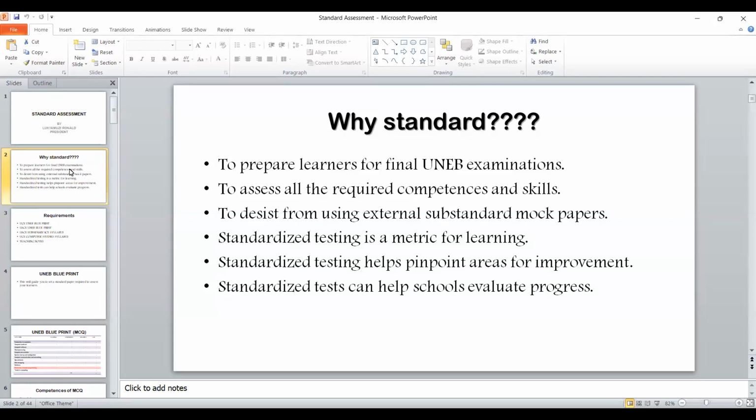And remember, if 2 or 3 questions appear in the UNEB and they appeared in the external papers, then next time people will say, we want that one. Teachers will start going for those external mock body papers, thinking that these are the questions that come. So nowadays, the people who set questions are very curious.